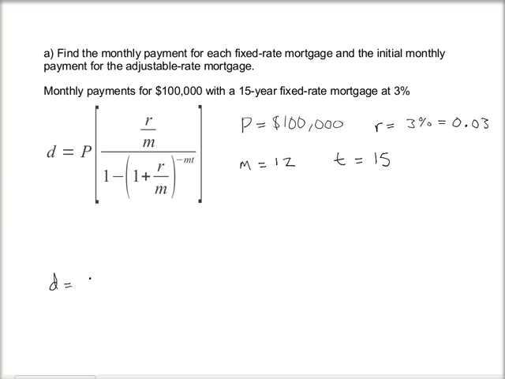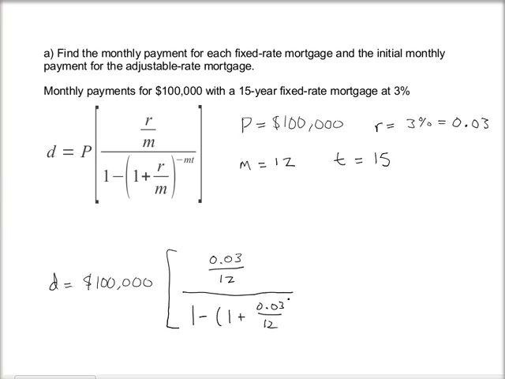So this time for my payments, I'm going to have $100,000 times, this time R is 0.03 divided by M, which is 12, on the top, and then 1 minus parentheses 1 plus 0.03 divided by 12.